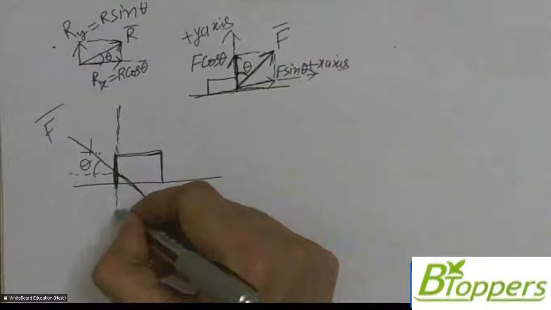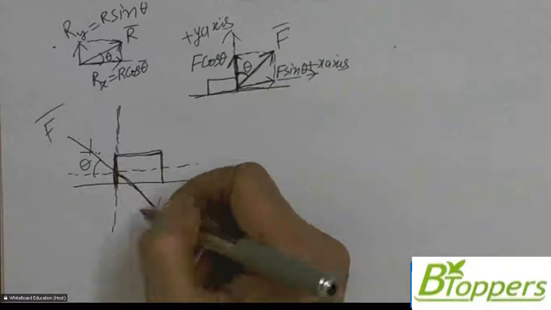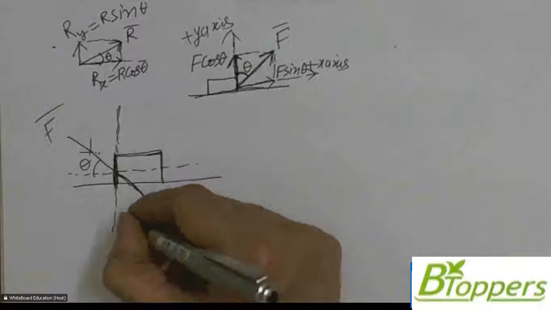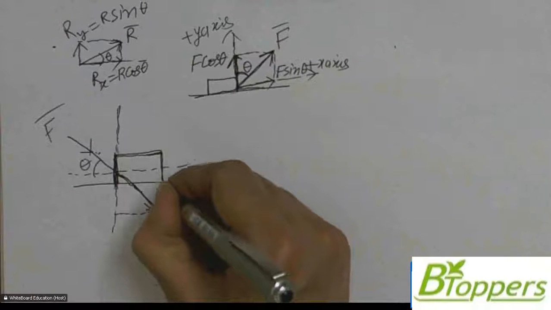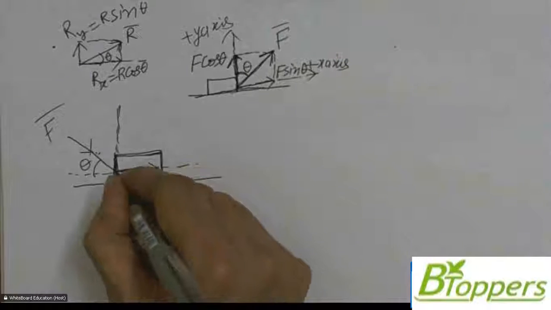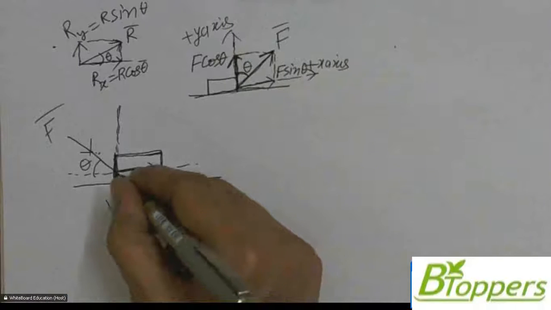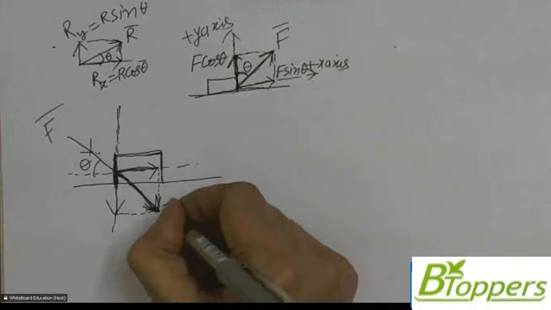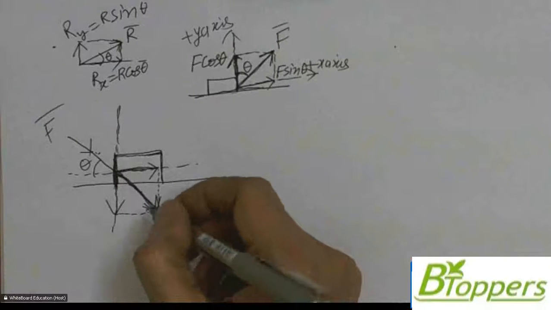So to resolve this vector, I mean the force F bar, into rectangular components along the horizontal and vertical directions, we have to construct a rectangle with adjacent sides along the horizontal and vertical directions such that the force F bar acts along the diagonal of the rectangle.